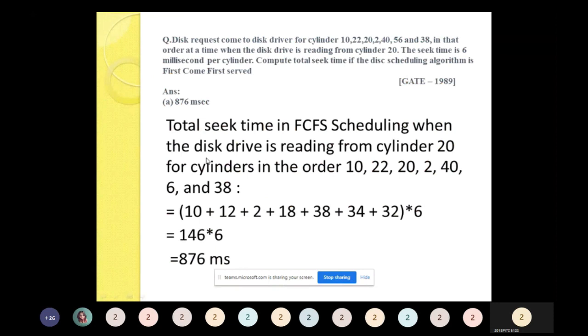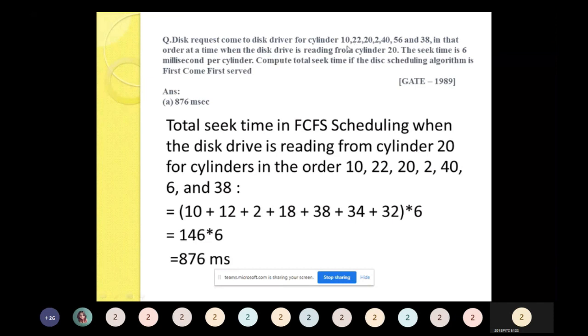Disk requests come to the disk device for cylinders 10, 22, 20, 2, 40, 6, 38, in that order, at a time when the disk drive is reading from cylinder 20.